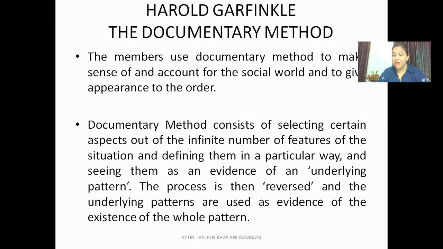Now, this is a smart move, academically, a very smart move to make us understand what actually is documentation, or what actually is documentary method. What happens is, first, we selected some features, we explained them, we used them, and then we constructed some underlined patterns. One step.